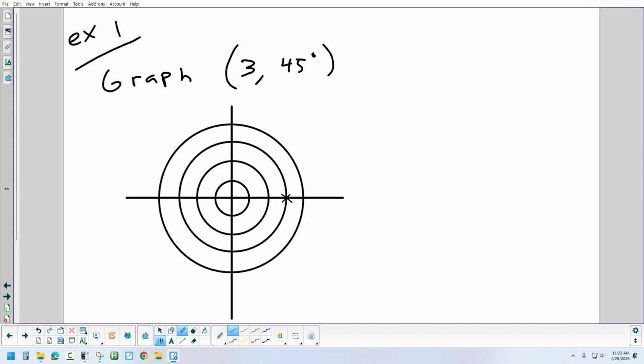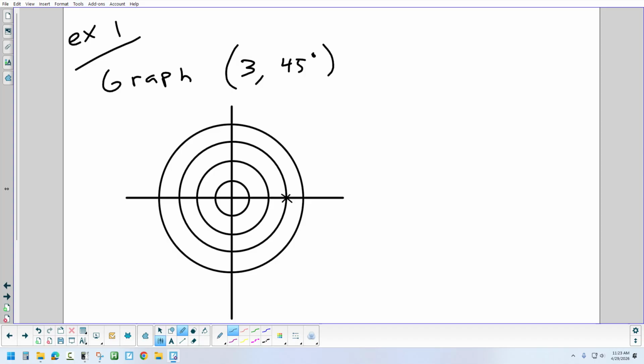And now from there, we're going to rotate. How many degrees are we going to rotate? 45. And which direction are we going to rotate? Counterclockwise. Okay, so when we say direction of rotation, don't say up, down, left, or right. Say clockwise or counterclockwise.